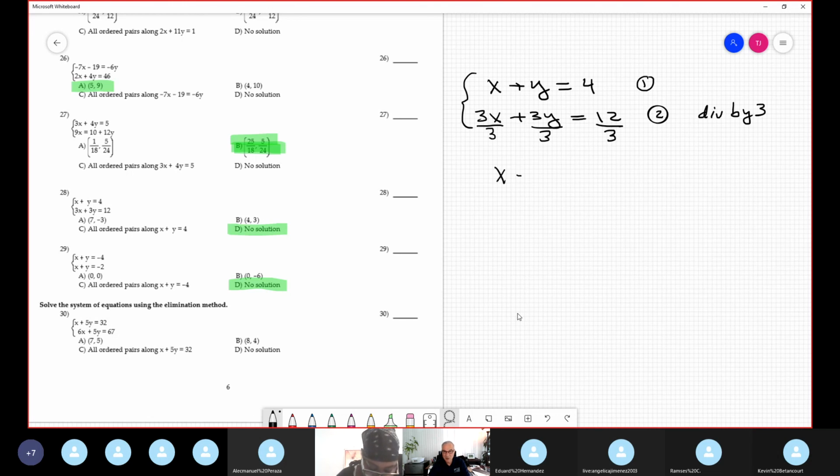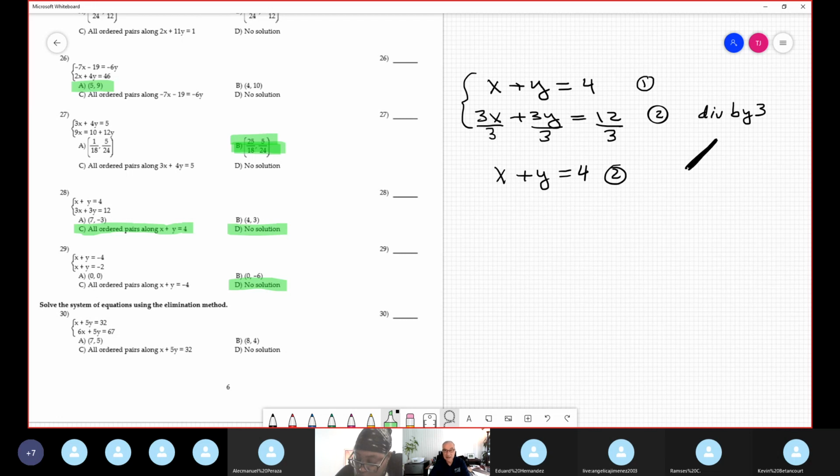Then we have x plus y equals 4. Now equation 2 and equation 1 are exactly the same, so it is the same line. Here is one line and this is the same line. So we have infinitely many solutions. You can express it this way: all ordered pairs such that x plus y equals 4.